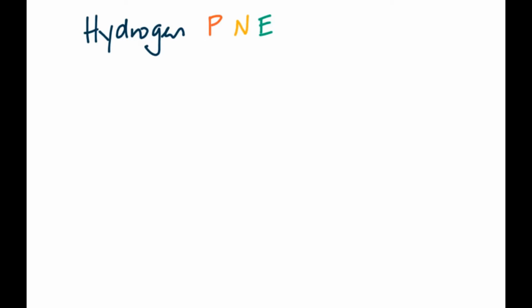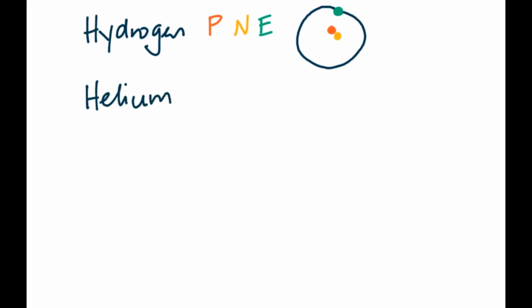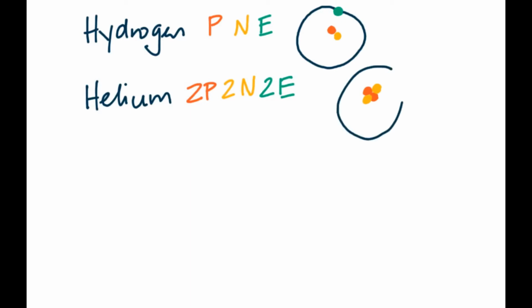If we draw that, we have a proton and a neutron in the nucleus, and then in the first shell, because we don't need any more shells, we're going to have 1 electron. The next element is helium. Helium is going to have 2 protons, 2 neutrons, and 2 electrons. So this is what that's going to look like. We can have 2 protons, 2 neutrons, and then in our shell, we're going to have 2 electrons.